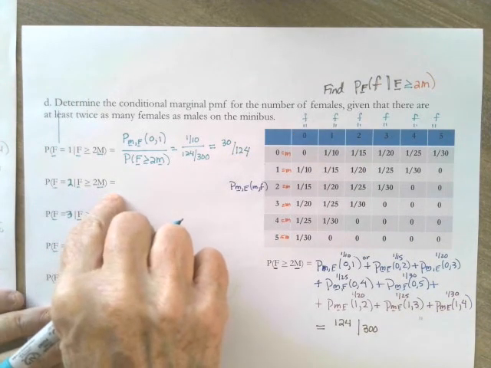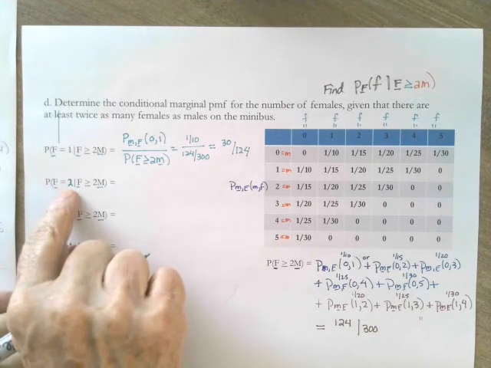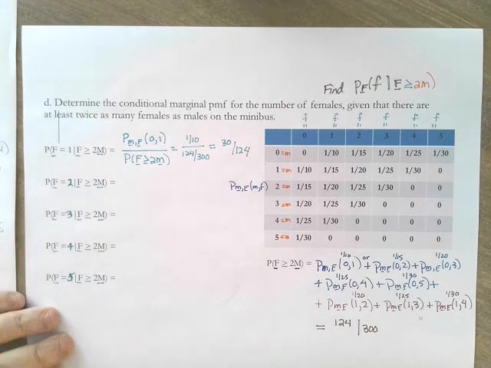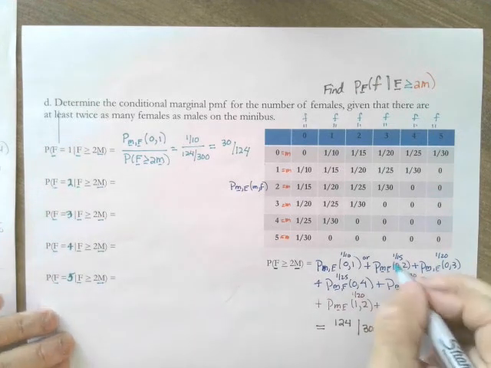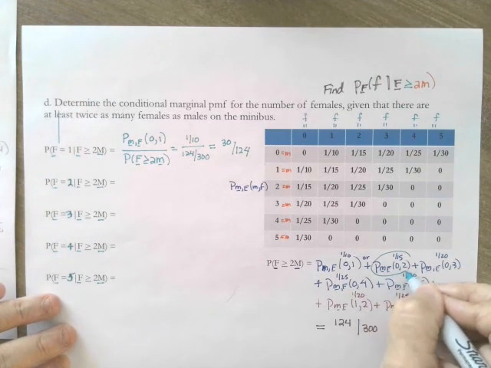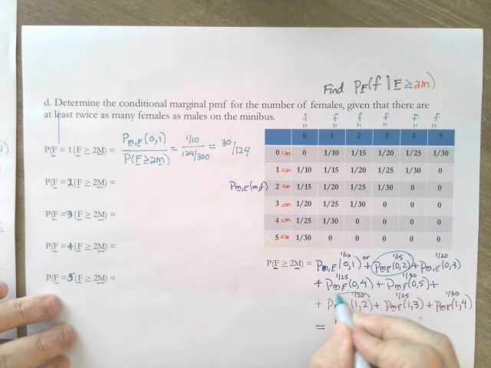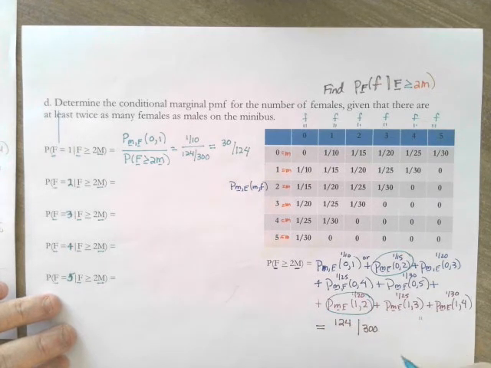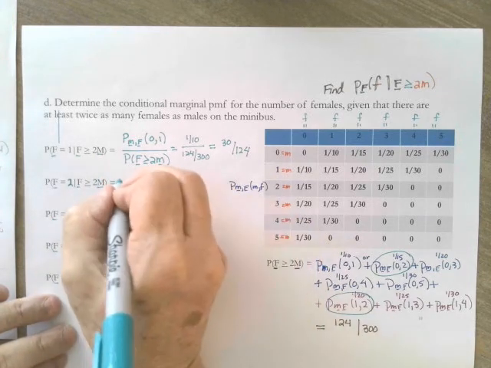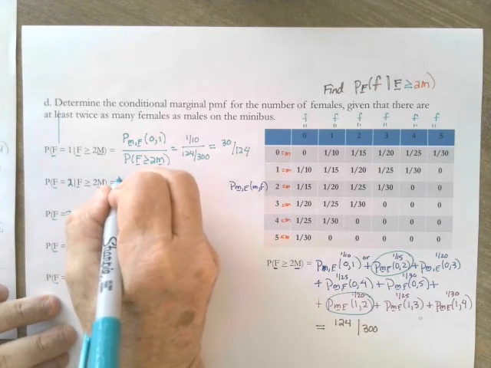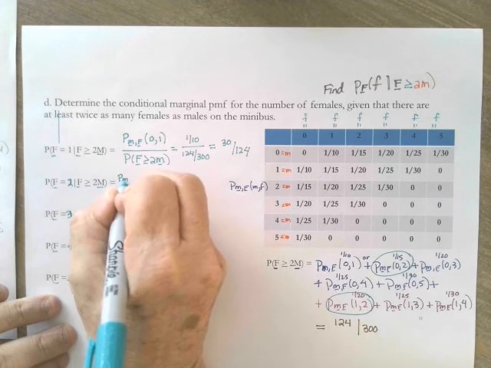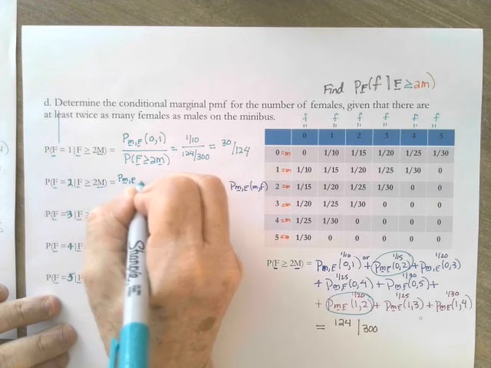Let's do another one. This one here, for f to be 2, given that f is bigger than or equal to 2 times m, you can see that 2 occurs twice. It occurs here, and it occurs here. So now the numerator is going to have 2 probabilities in it.